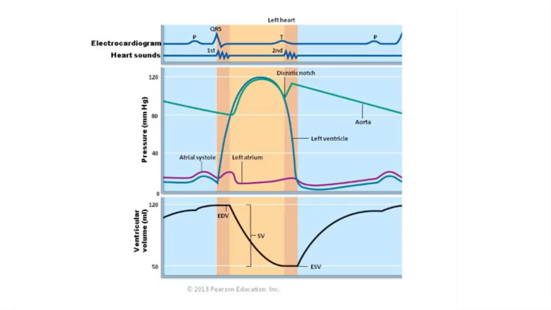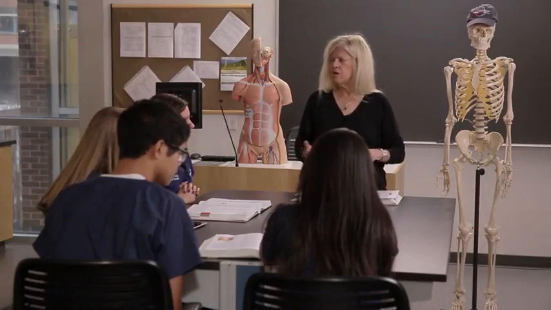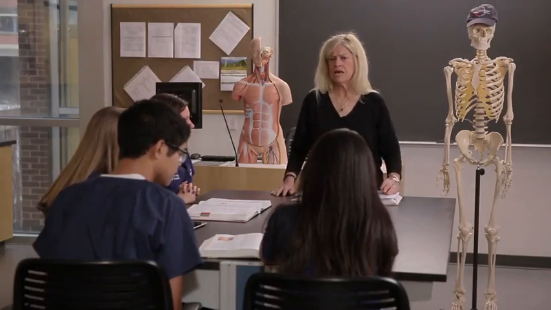End systolic volume was 50 milliliters. So what was the stroke volume? It was 70 milliliters. So when this heart beat that time, the stroke volume was 70 milliliters, right? Okay, great. So those two factors, heart rate and stroke volume, are going to determine cardiac output.